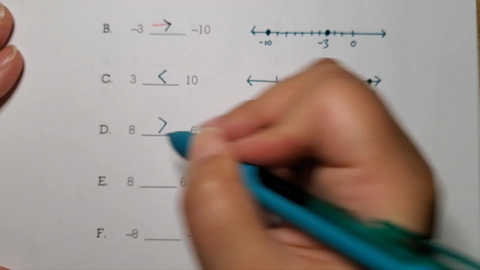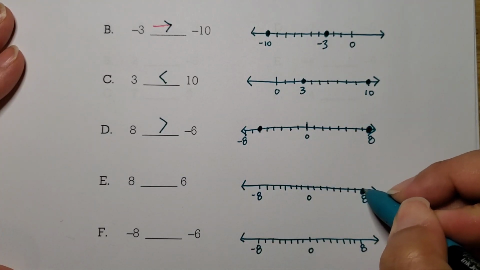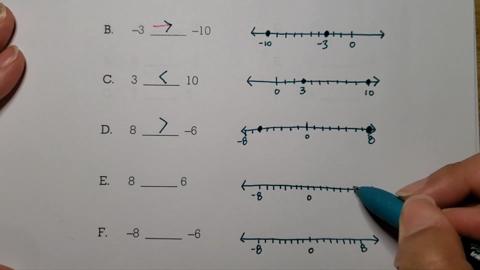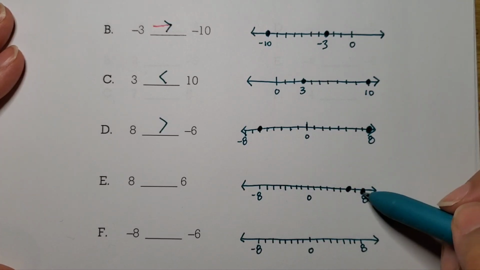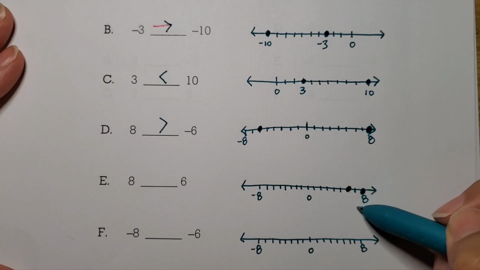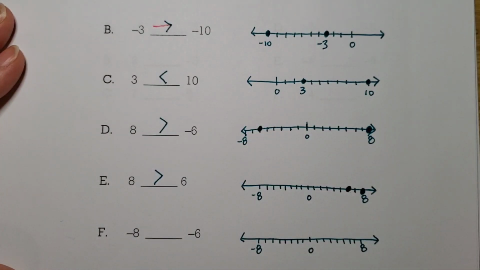If I compare 8 and 6, here's 8, 7, 6. All right, so again, the 8 is to the right of the 6. It's pointing in this direction. So there we go.